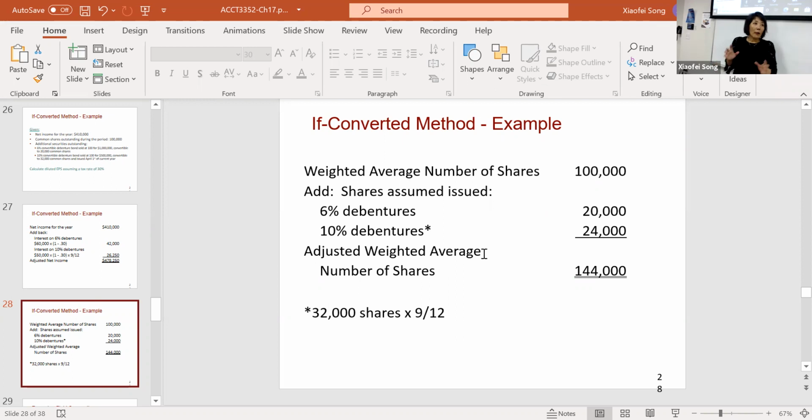So applying the if-converted method, the number of shares outstanding becomes 144,000. That's the denominator.